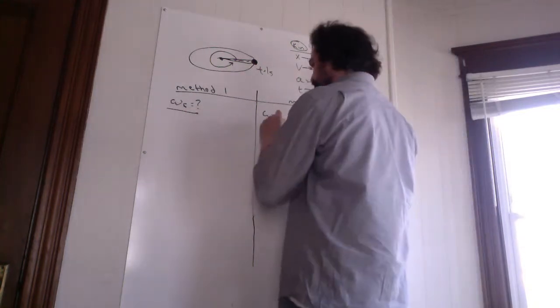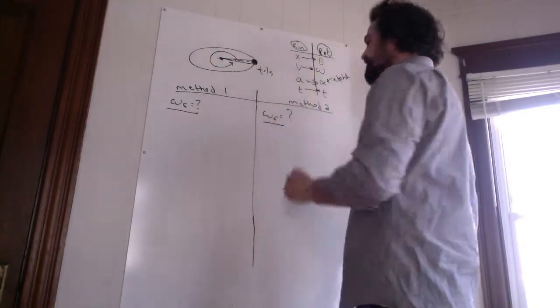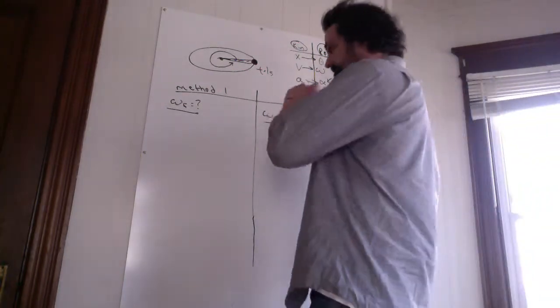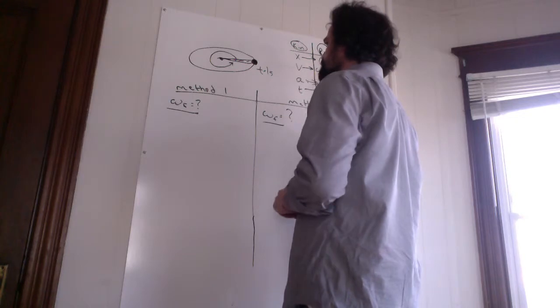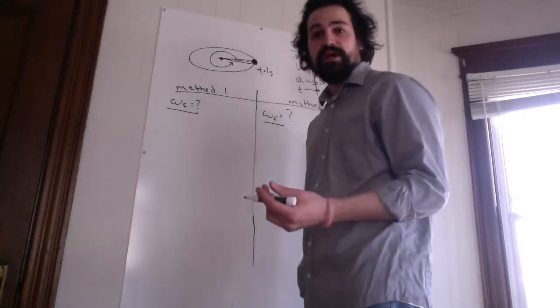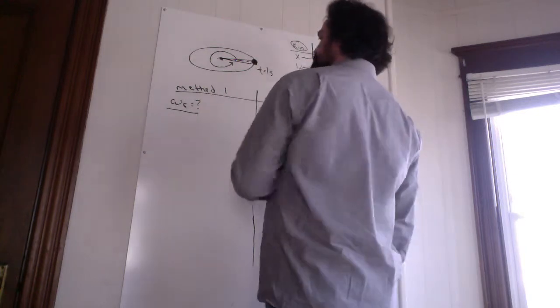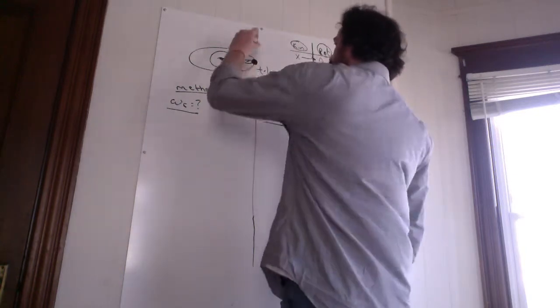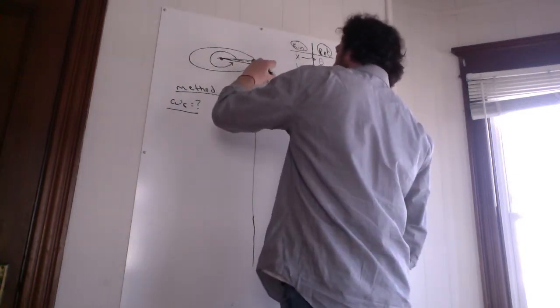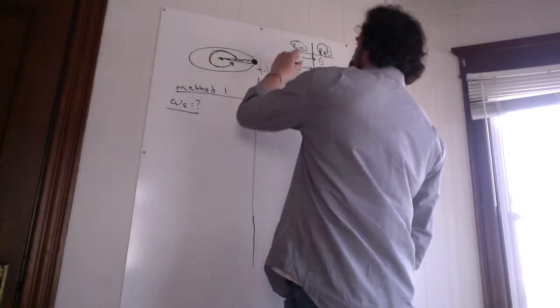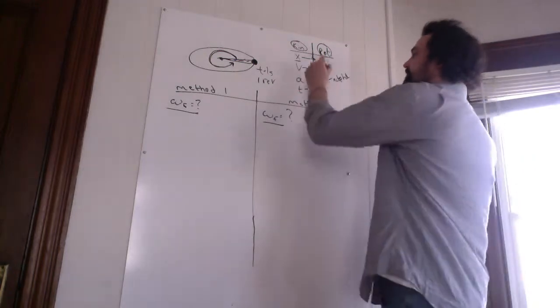Either way, in both cases, we're still trying to find the final angular velocity, or how fast it's going at the end. So the first thing we need to do is find an equation that has omega f in it based on our list. First of all, we have time equals 1 second. It goes around one revolution. And because that's telling you how far he's going around, instead of using x, we're using theta.